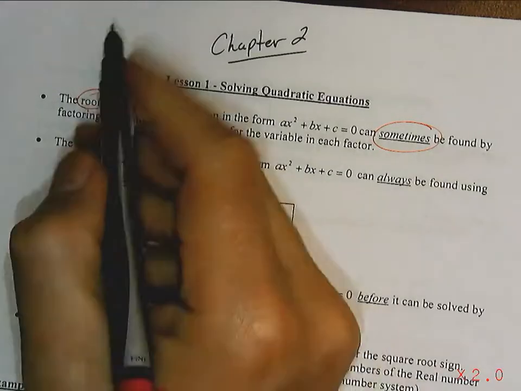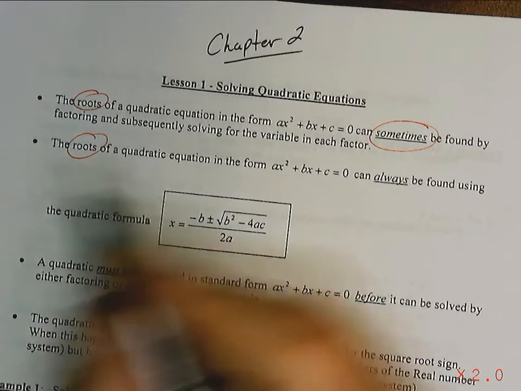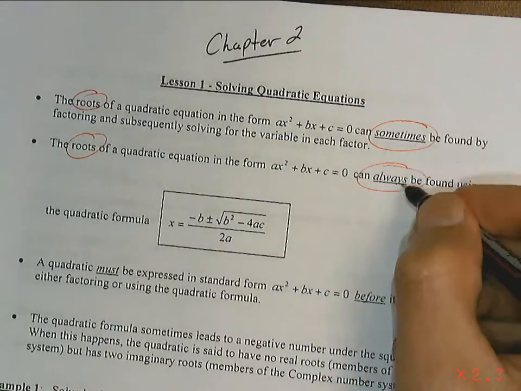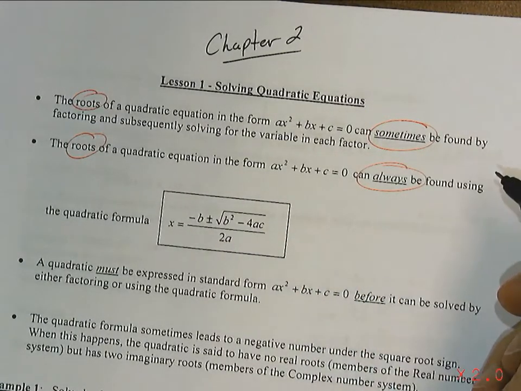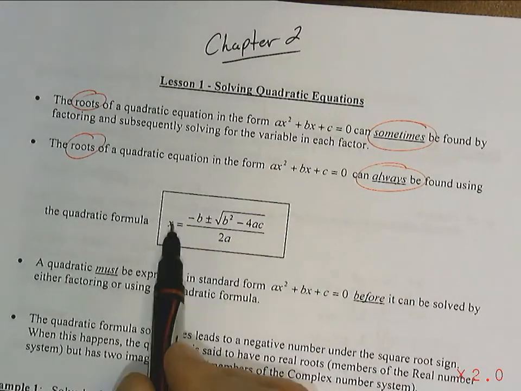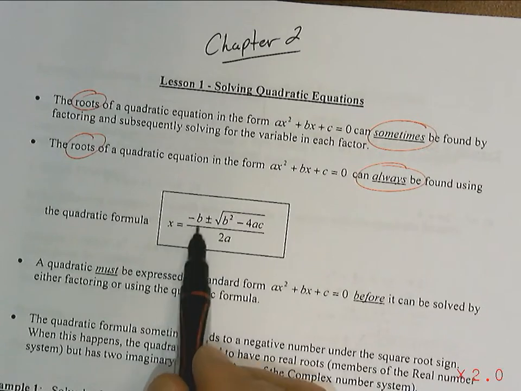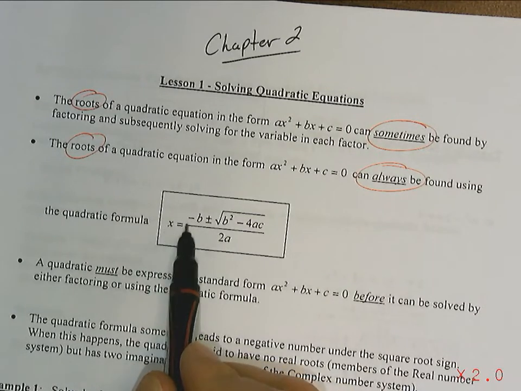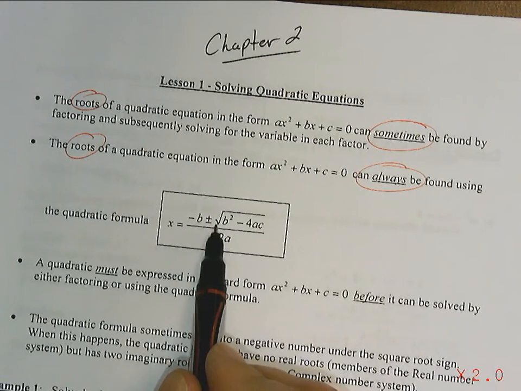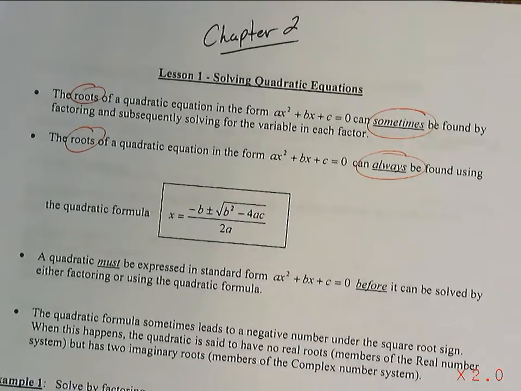The roots of a quadratic equation in the form ax squared plus bx plus c equals 0 can always, now there's a big difference between always and sometimes, be found using the quadratic formula, which is x equals negative b plus or minus square root b squared minus 4ac over 2a, and you just have to know that.